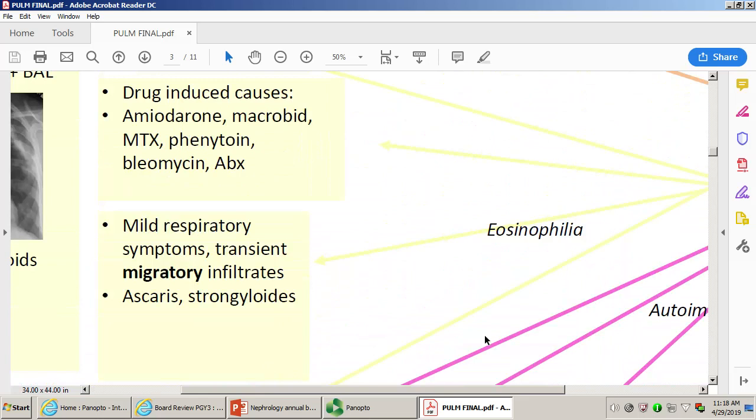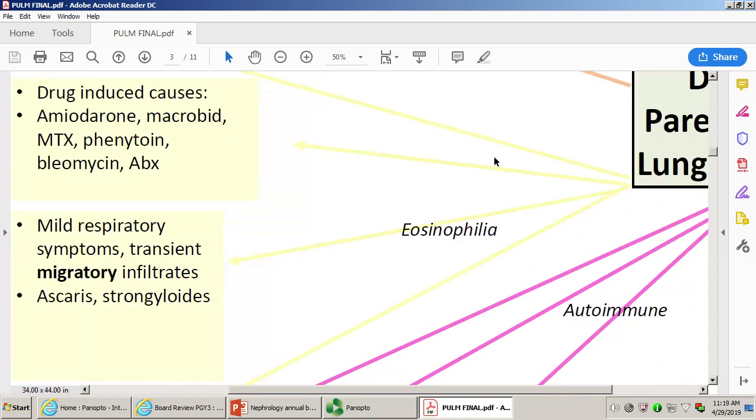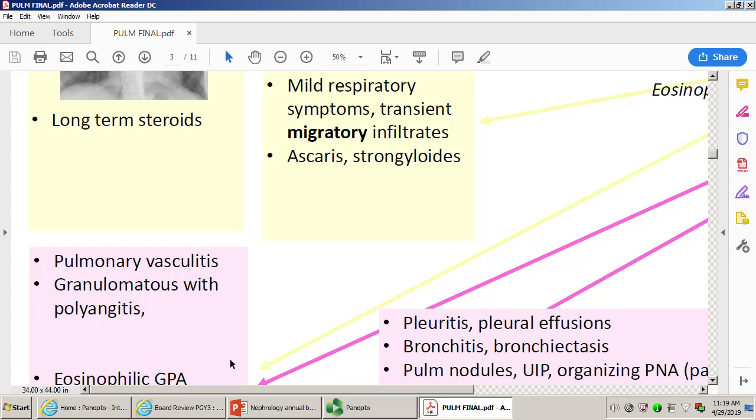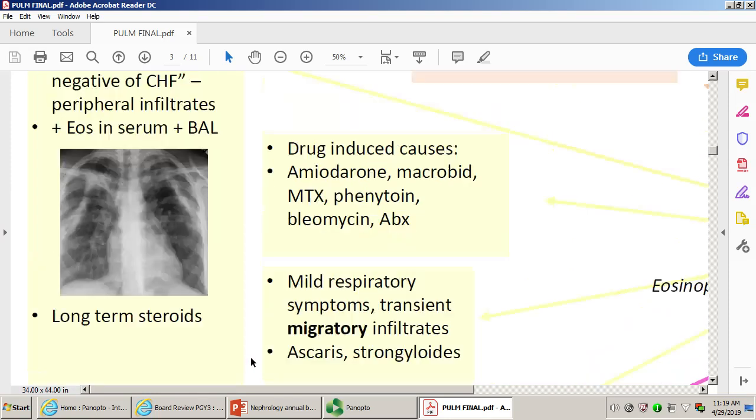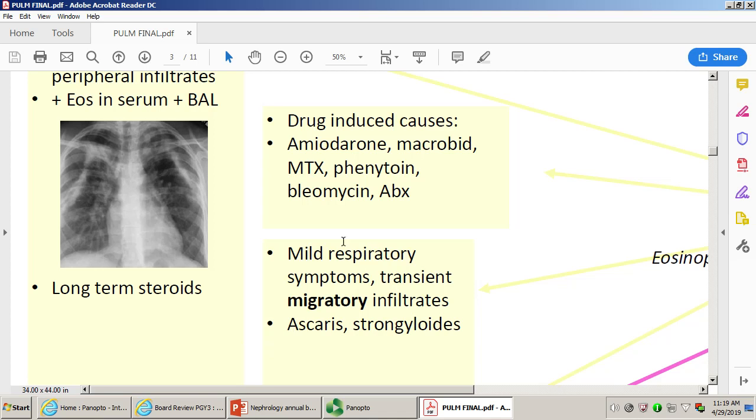Going up to eosinophilia. Right, so here's a clue. You have somebody with lung pathology and they have eosinophilia. What things should you be thinking of? So we already know EGPA. We already know this one. Respiratory symptoms, wheezing, migratory infiltrates: Loeffler's, right?